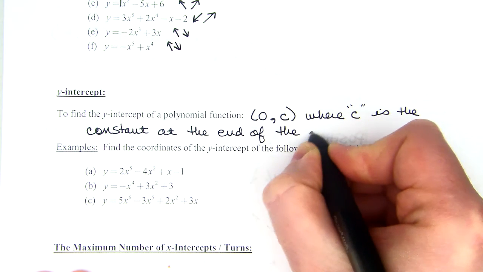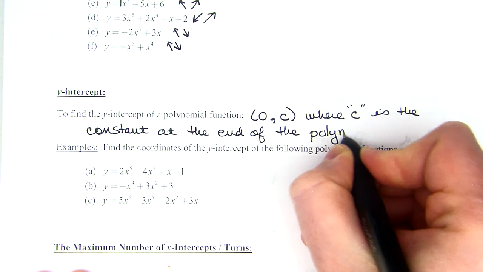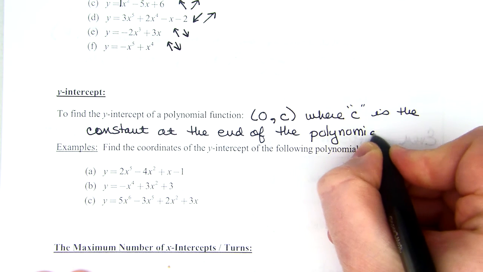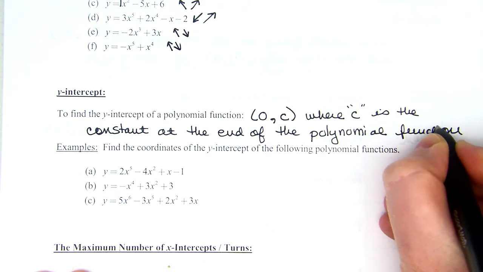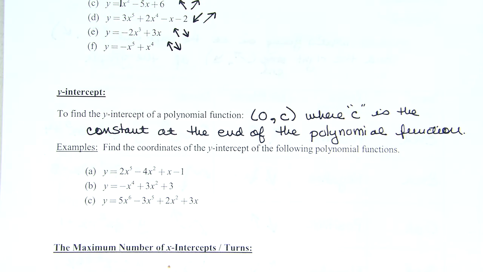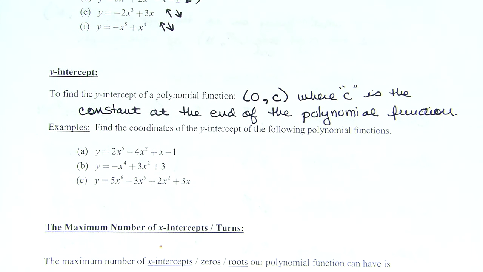The constant term at the end. The y-intercept of a polynomial function is (0, c), where c is just the constant at the end of that polynomial function. Get that in your notes, please.